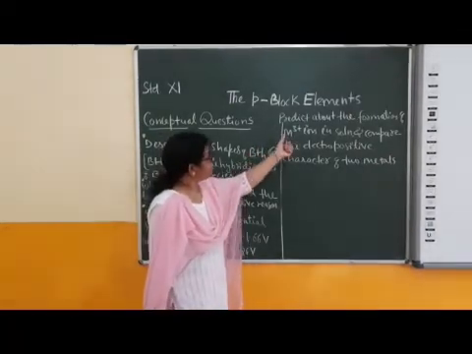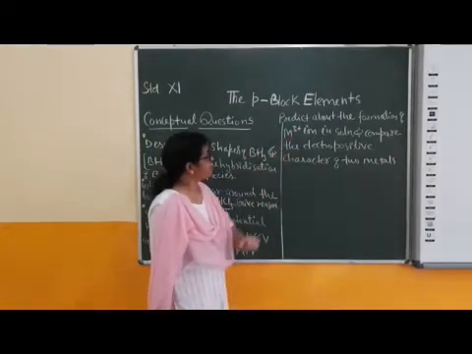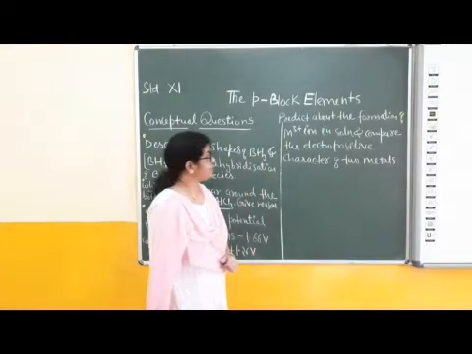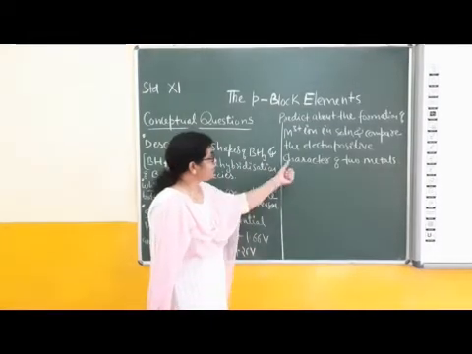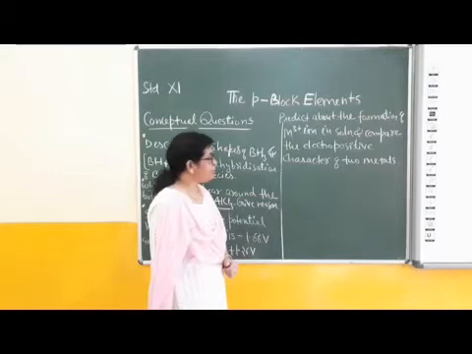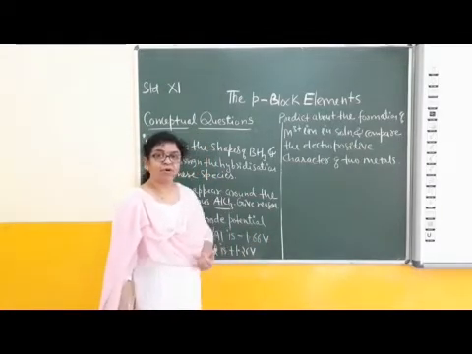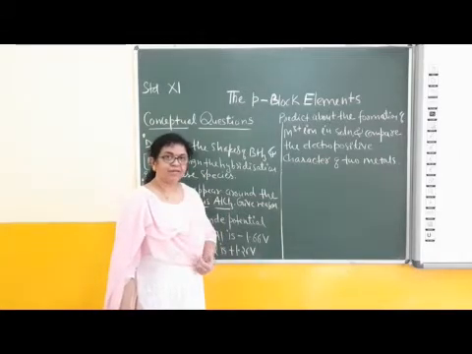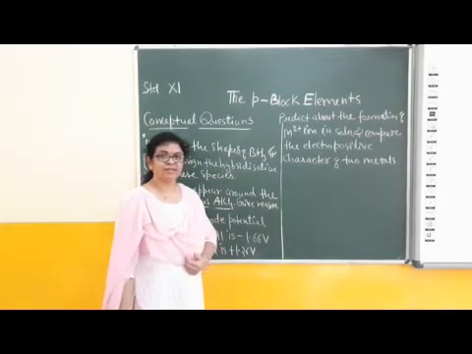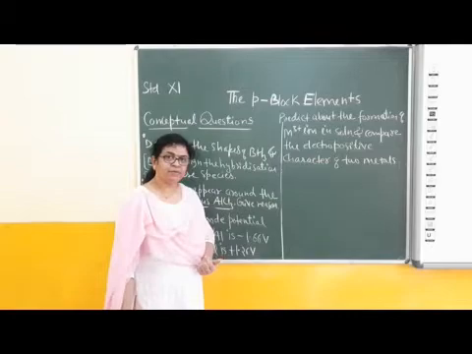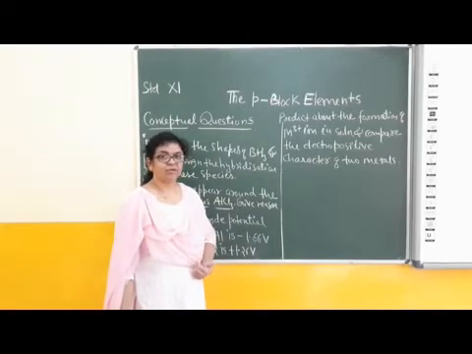Predict about the formation of M3+ ion in solution and compare the electropositive character of two metals. It means which metal will form tripositive ion in solution more easily, aluminium or thallium, and why? What is the reason?